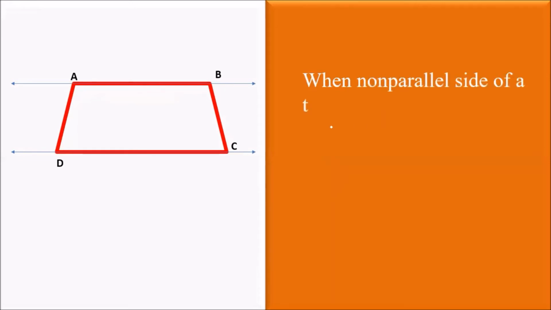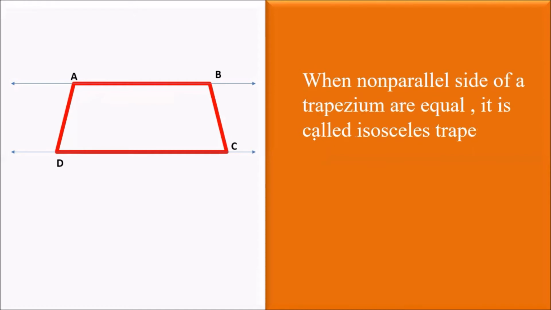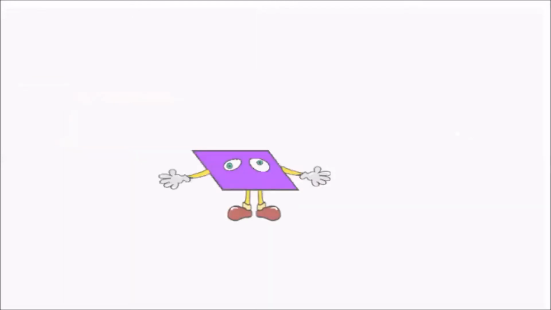When the non-parallel sides of a trapezium are equal, it is called an isosceles trapezium. If in a trapezium the non-parallel sides AB and CD are equal, AB is equal to CD, we call it an isosceles trapezium.